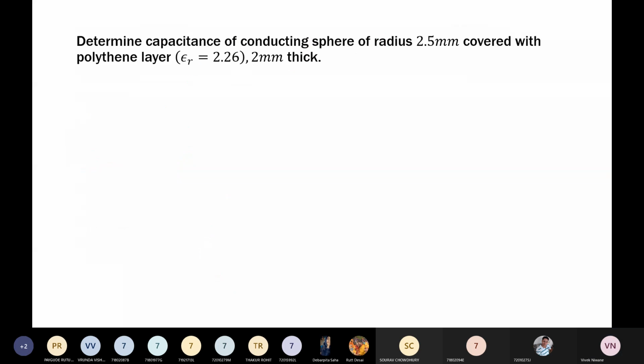Okay. So moving on to the next numerical, determine the capacitance of a conducting sphere. Now we have a different geometry, a spherical capacitor of radius 2.5 millimeter covered with a polythene layer, epsilon r is equal to 2.25 and 2 millimeter thick.